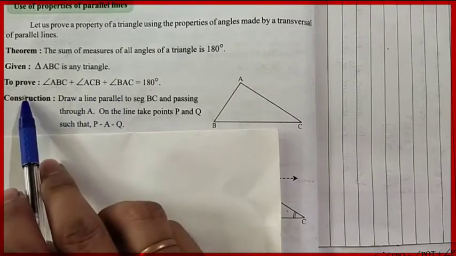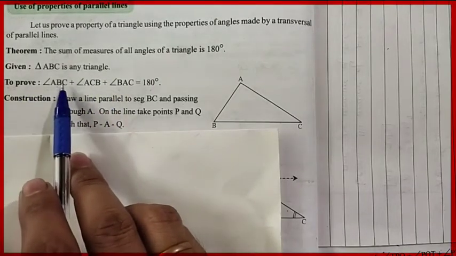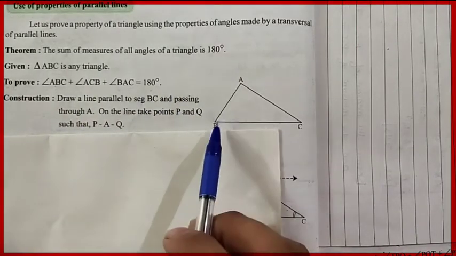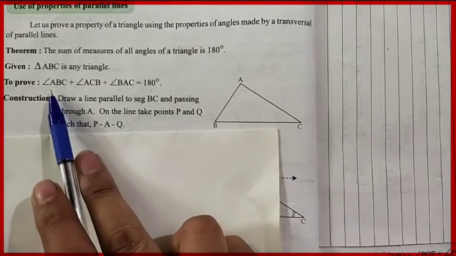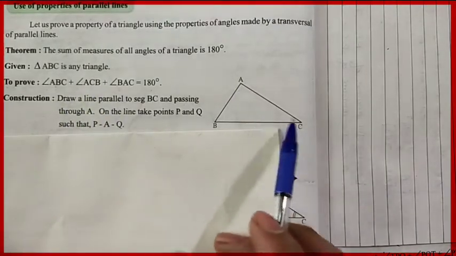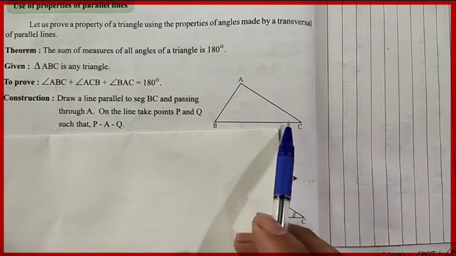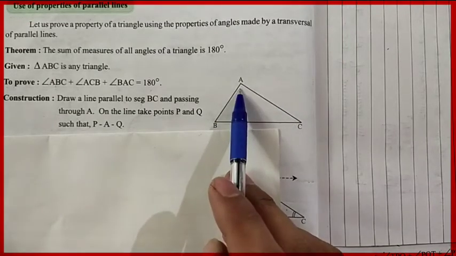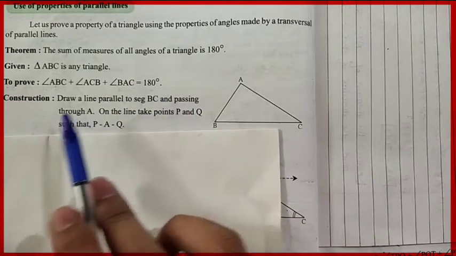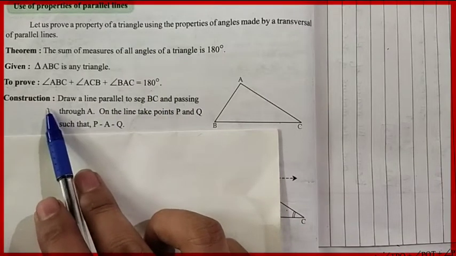Okay, so what do we have to prove? That all the angles of this triangle, that is angle ABC plus angle ACB, this angle plus this angle, plus angle BAC equals 180 degrees, we have to prove. Okay, so we have to construct something.